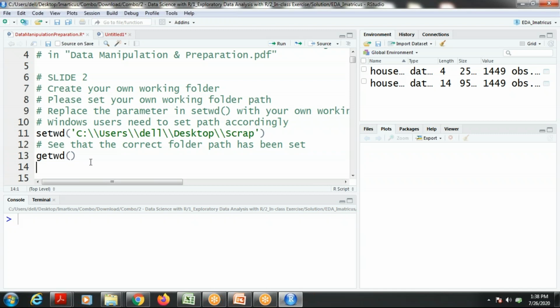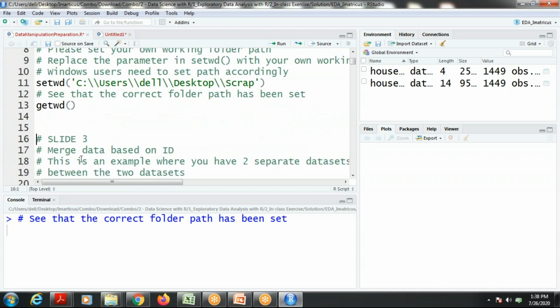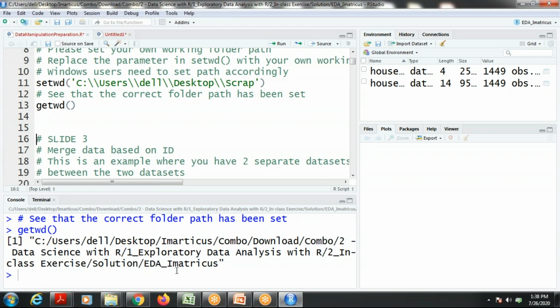Now I am going to change my working directory to some other place. I have not yet executed line number 11. I am running line number 13 to showcase where my previous working directory is. The previous working directory is showing ematicus, that is one of the folders. Now I want to change to the new place.